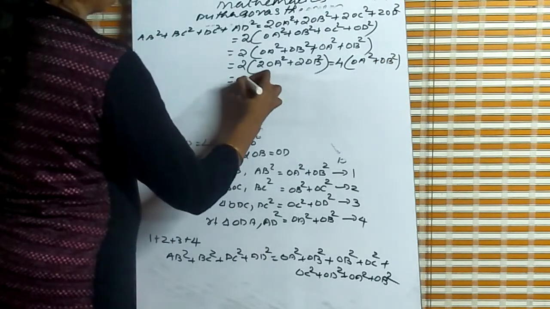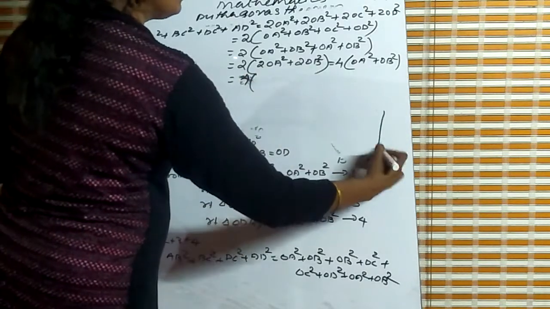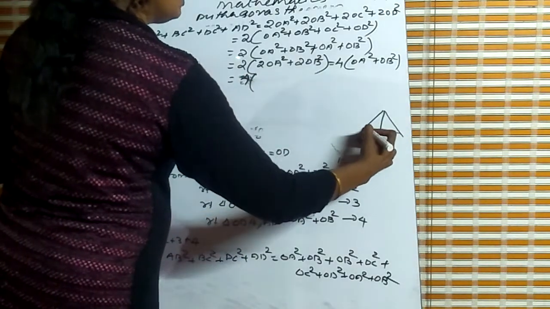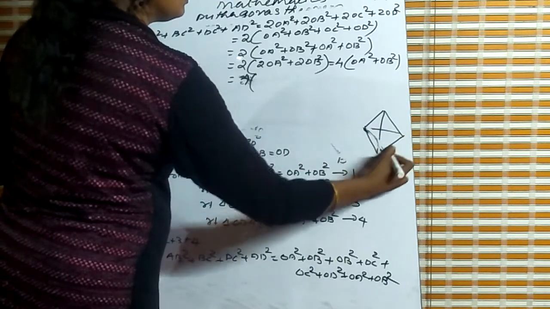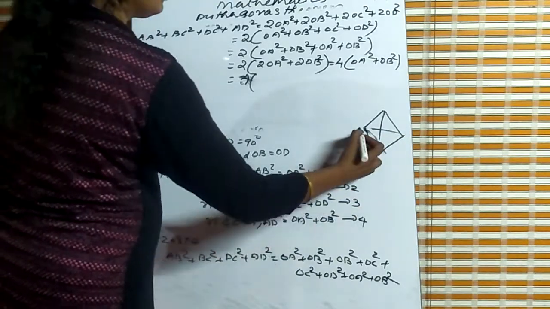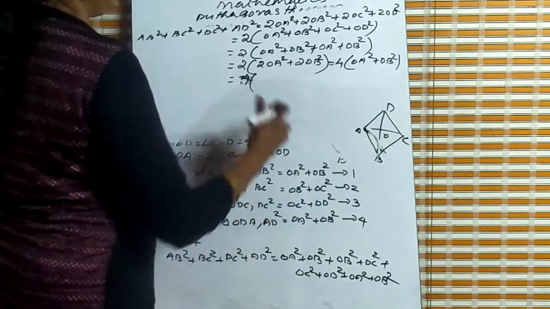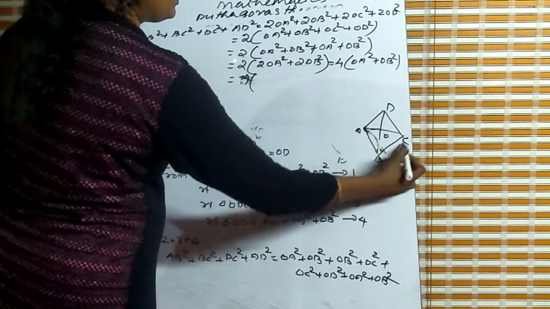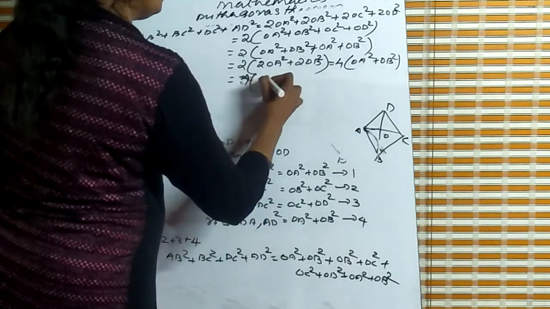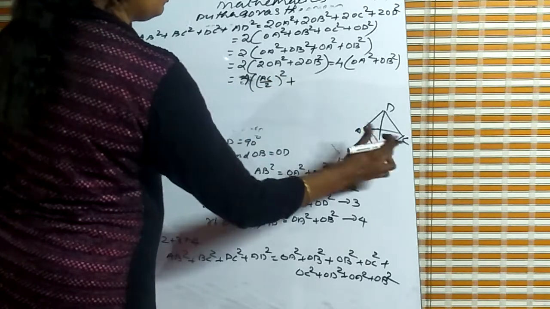But in the figure, rhombus A, B, C, D, O, what is OA? OA is equal to AC by 2, so AC by 2 whole square, plus OB.